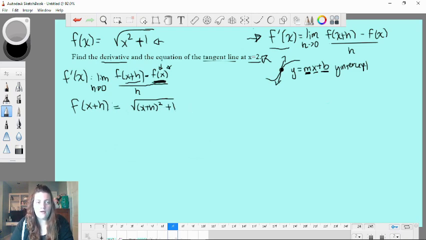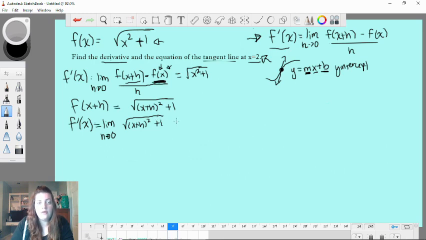And then our f of x is the square root of x squared plus 1. So let's go ahead and plug everything into the formula: the derivative equals the limit as h approaches 0 of f of x plus h, which we're just going to plug in right here. Same thing, just repeat it.